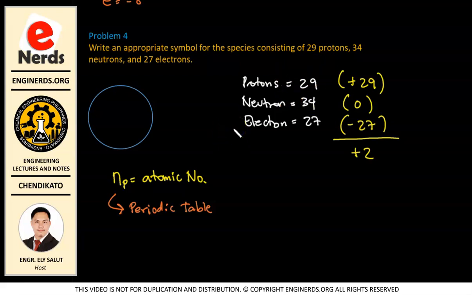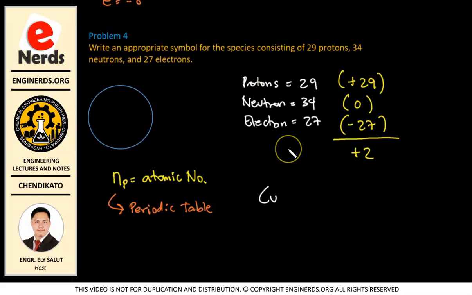If you look at the periodic table, you will find out that the element having an atomic number of 29 is copper. So copper has an atomic number of 29.